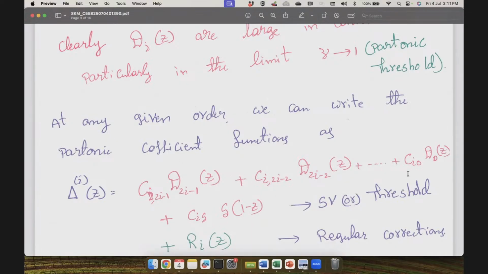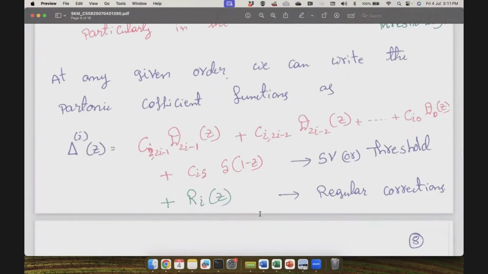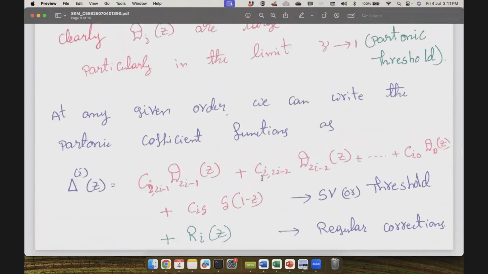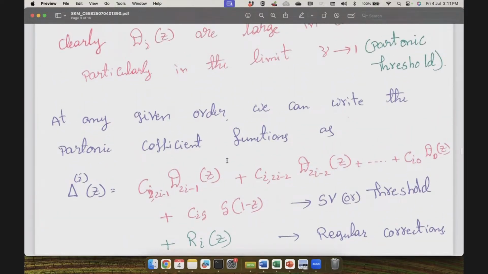It goes all the way up to C_i^0 curly D_0 of z, and then C_i^delta delta(1 minus z), plus the regular term at that order, where i is the order of the perturbation theory. So it can be 1, 2, 3, etc. And all the ones denoted in red color are there because of the presence of these large logarithms as well as the Dirac delta function.